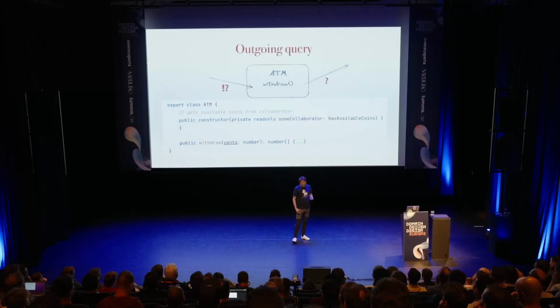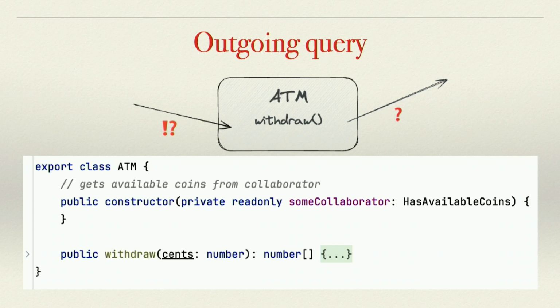So what we instead do is that whenever there comes an incoming query or an incoming command that will send an outgoing query, for example in this example, there is a collaborator that has available coins. And in the withdraw method, now it changed to withdraw, by the way, not change anymore, the withdraw method will send some collaborator a message to get the available coins.